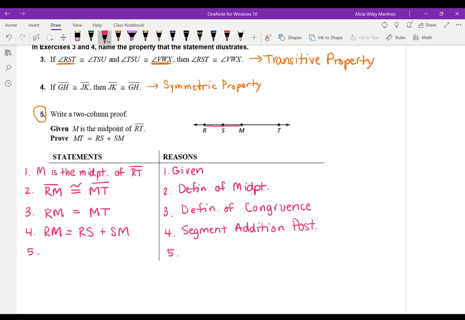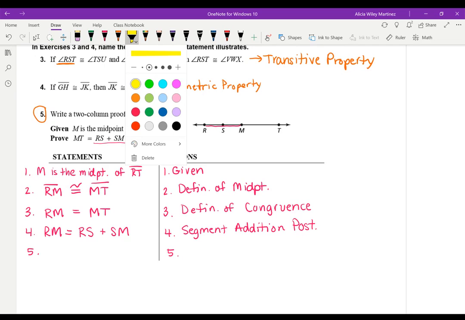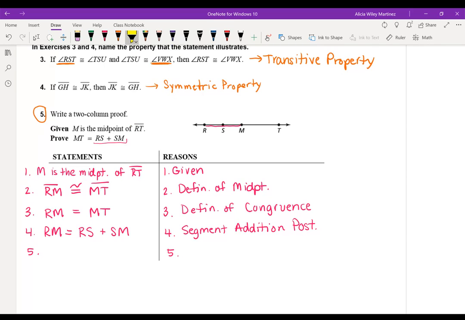Okay. I can see that my proof statement deals with RS plus SM, but it wants it to be equal to MT. So if I look at my previous steps, I can see that here's my RS plus SM, and then here's my MT. If you notice, those two statements are equal to the same thing.